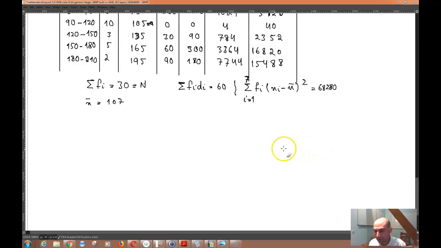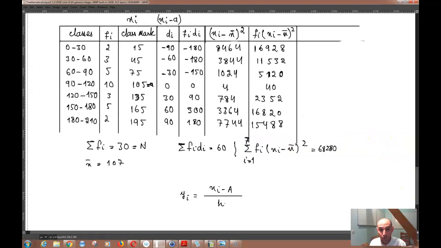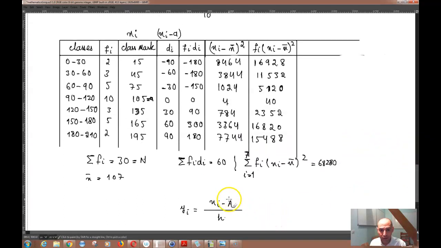So we said that using the shortcut method, y of i is equal to x of i minus a over h, right? So that means it's the same thing as d of i, because d of i is the same thing as x of i minus a.